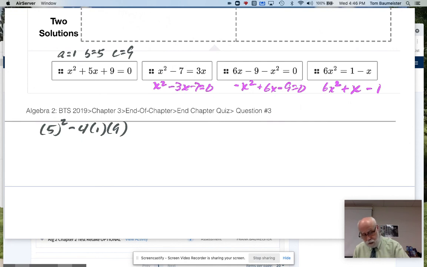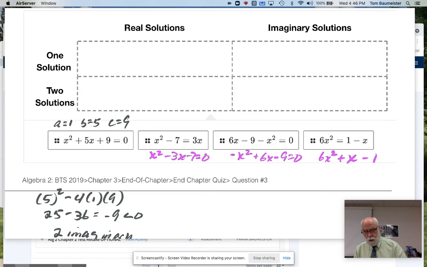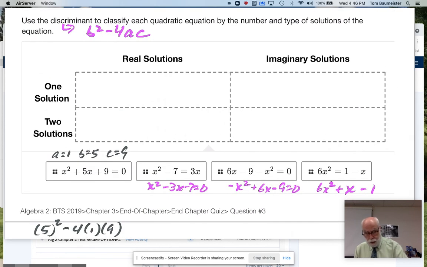All right, so that's 25 minus 36, and that will give us negative 9. So remember, if it's negative 9, that's less than 0, so that will give us 2 imaginary solutions. So in this one here, I would go to 2 imaginary solutions. So that one will go right there, okay?